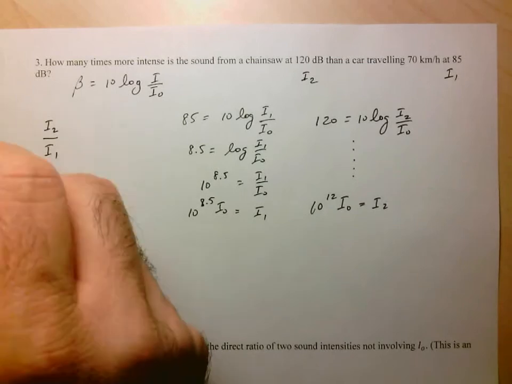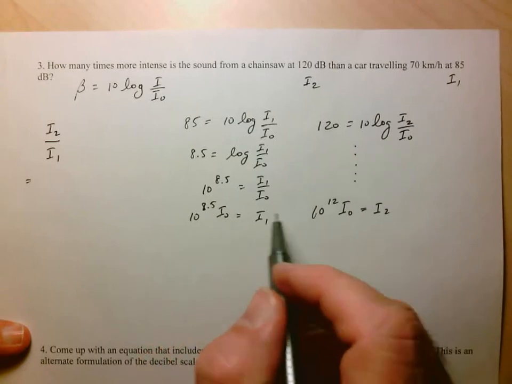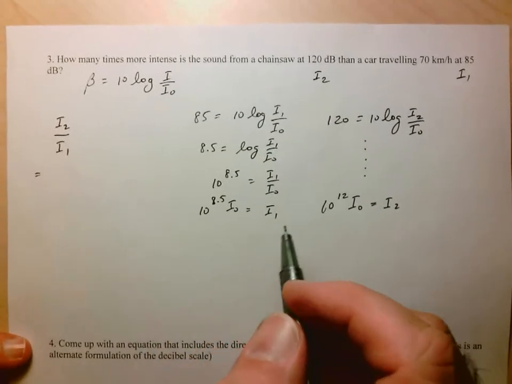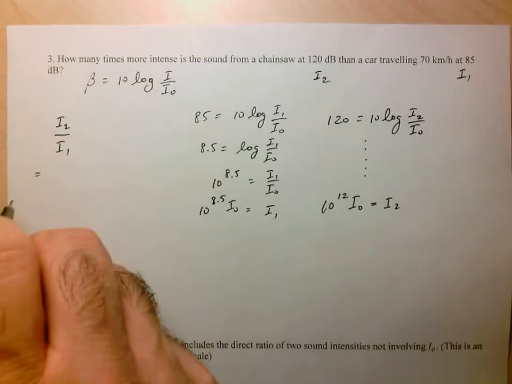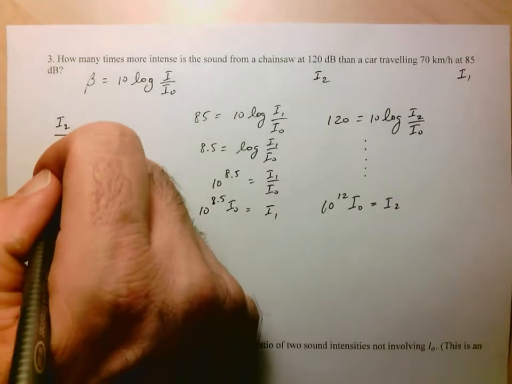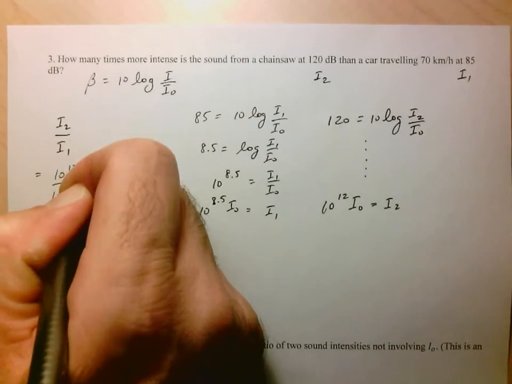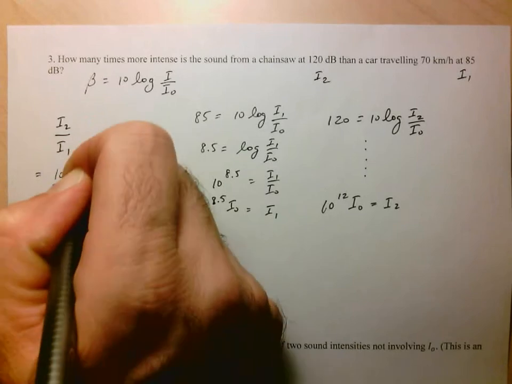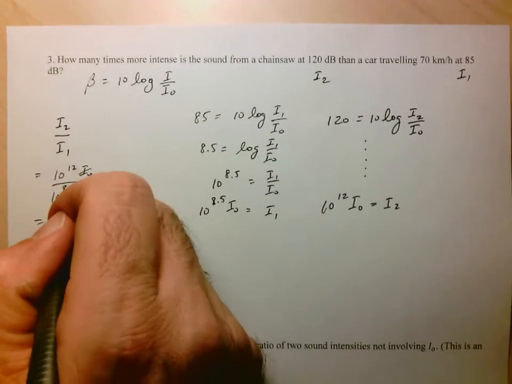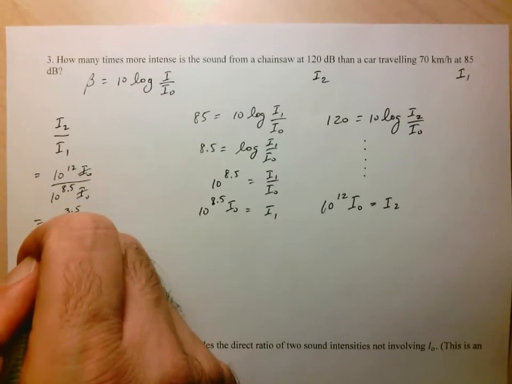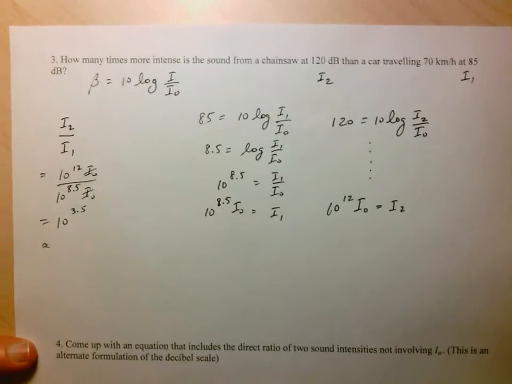And as we saw before, when we put this in the equation, it didn't make a difference to have this I naught hanging around. So we didn't even actually have to replace it by 10 to the negative 12, because when we put it in the ratio, we've got 10 to the 12 I naught over 10 to the 8.5 I naught. They reduce, so here we're just left with 10 to the 3.5, which is approximately equal to, let's get our trusty calculator here.